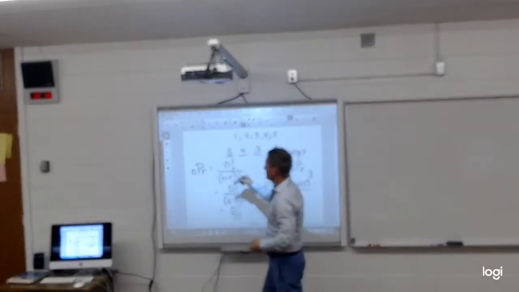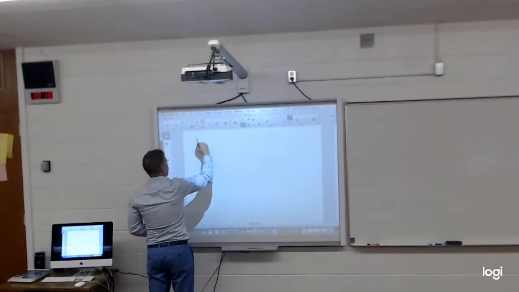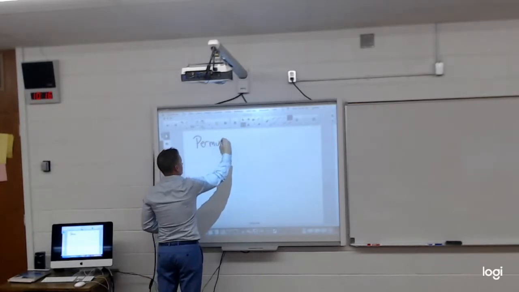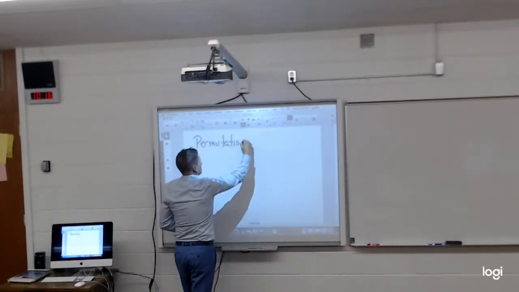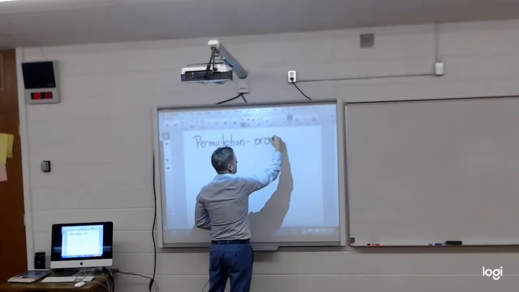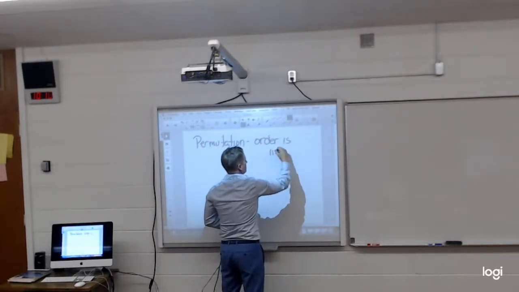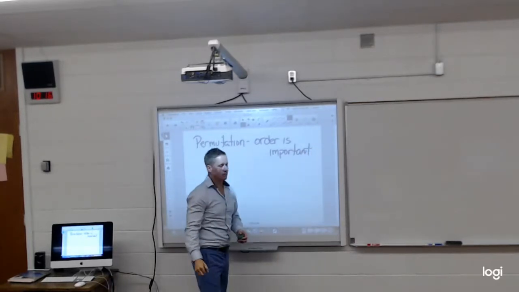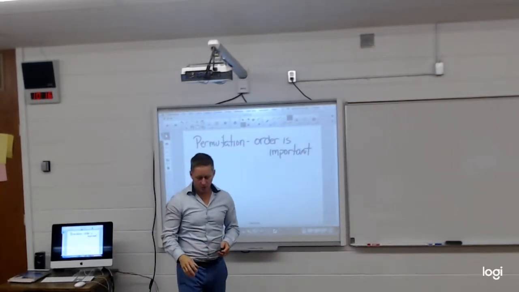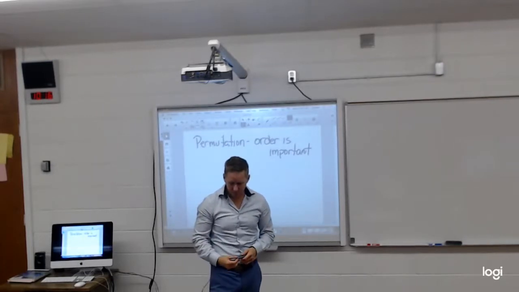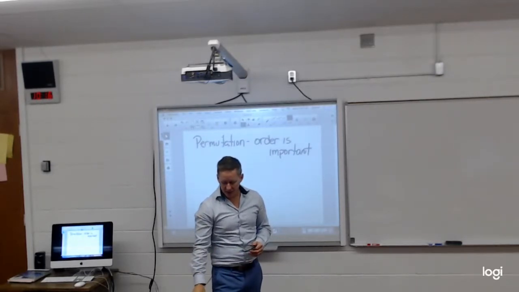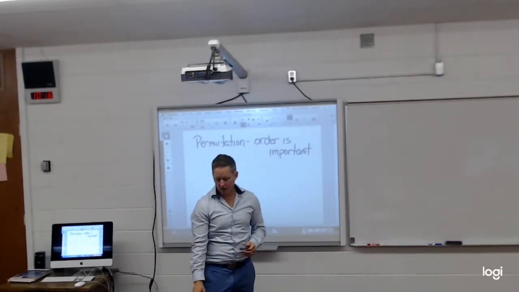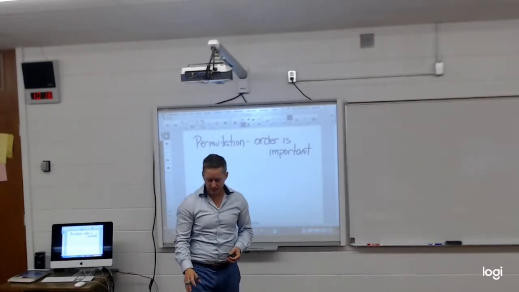Okay, so our permutation: order is important. If repetition is allowed, the number of permutations that can be created from a set of n different objects is n to the r. We don't necessarily need to use that.